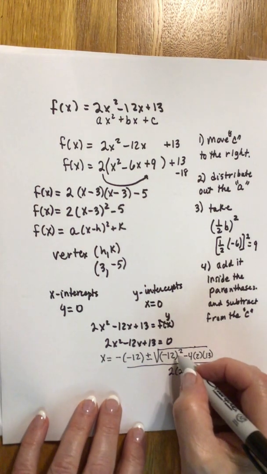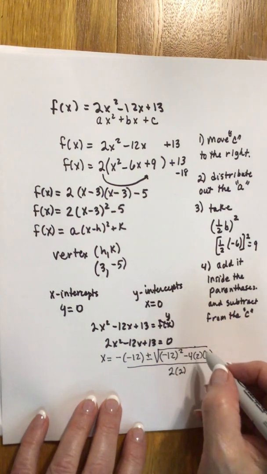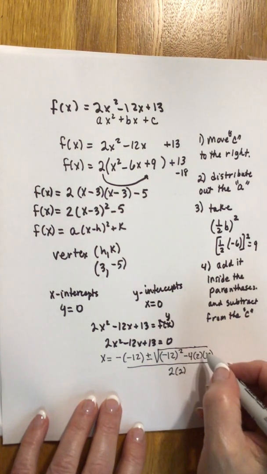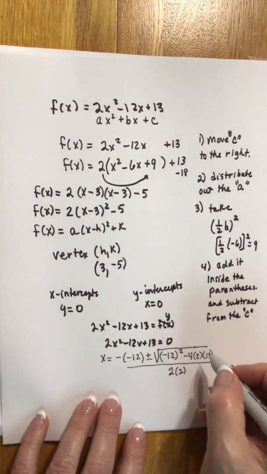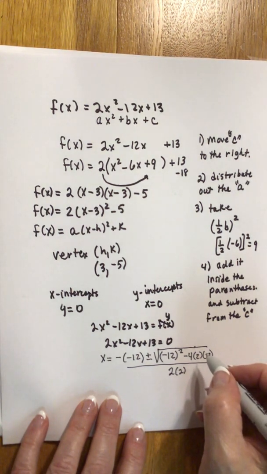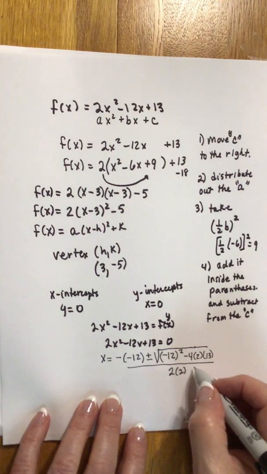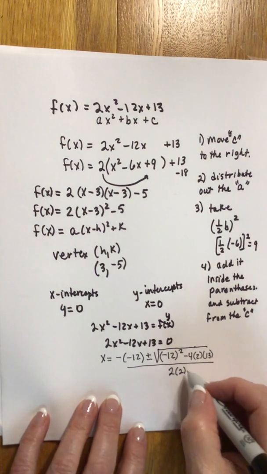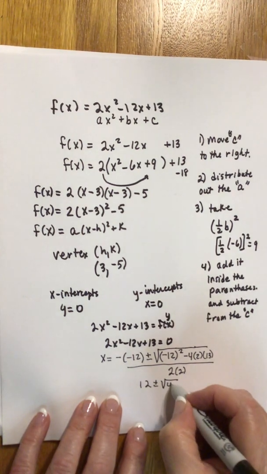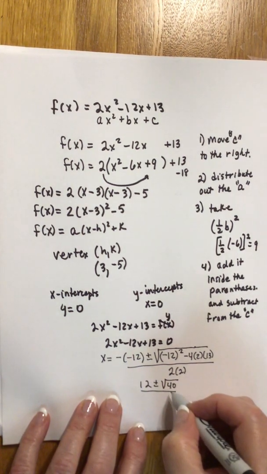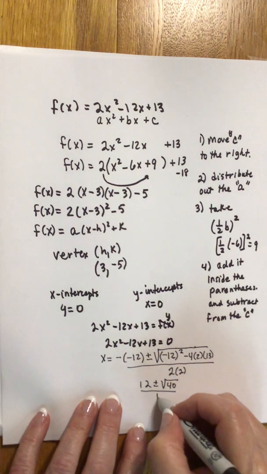So this is 144 minus this. What would that be? 8 times 13 is 104, so we get the answer to come out to be 40. So I've got 12 plus and minus the square root of 40 all over 4, 2 times 2.